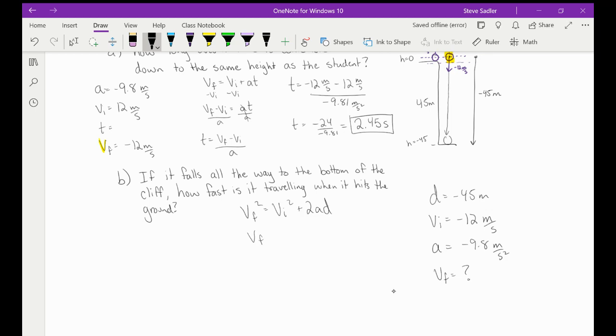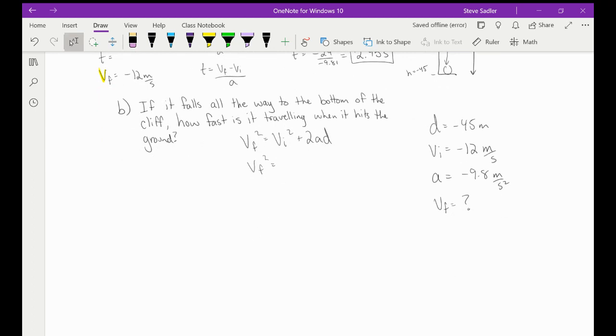We don't even have to do formula manipulation because Vf is mostly isolated. We'll have to do one step at the end. So Vi is negative 12 squared plus 2 times negative 9.81 times negative 45. And we know that we will get 144 plus 882.